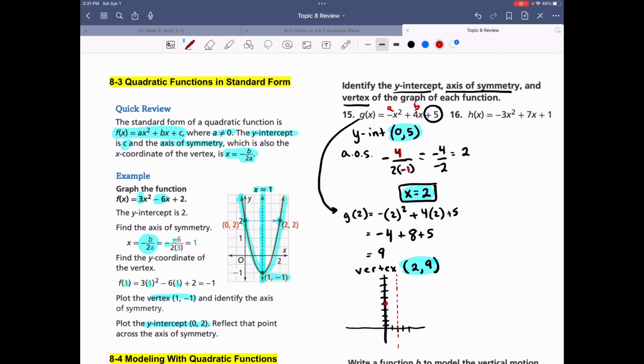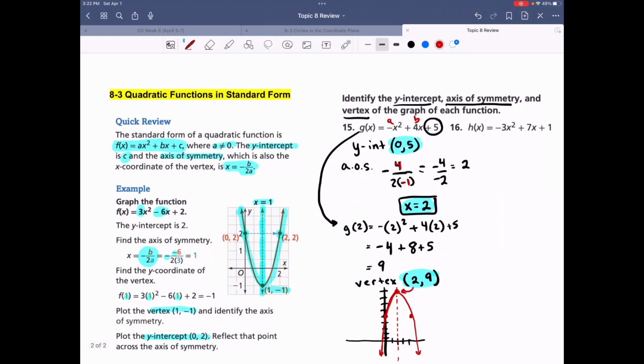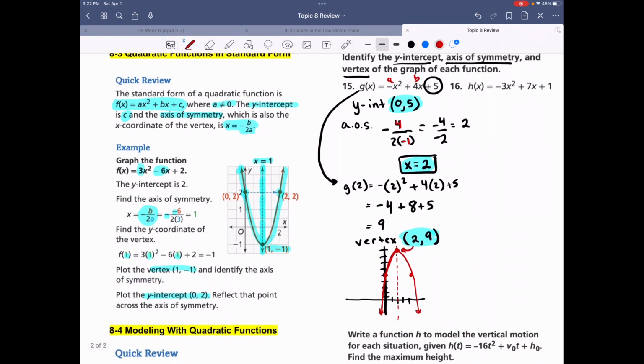And then we'll reflect that point over. And (2, 9) is right here. We knew it opened downward because it was a -a. Okay, so this is the vertex, and the y-intercept was (0, 5). And then we just mirrored this point over the axis of symmetry, which would be (4, 5).